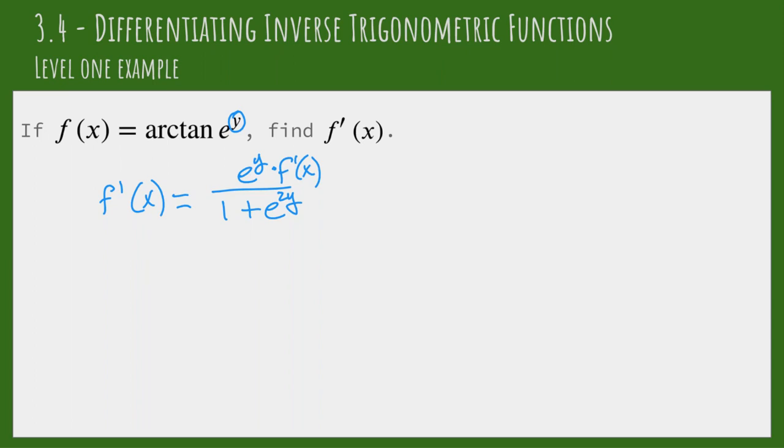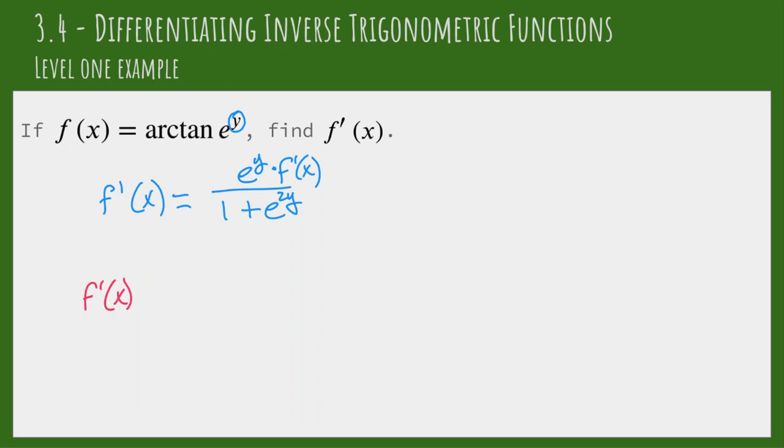Now, what we would need to do at this point is get f prime by itself. This is going to be basically just an exercise in algebra. To do that, I'm going to get everything on the left side because everything has f prime in it. I can't just divide by f prime because that gets rid of the f prime and it goes away, and that's not good.